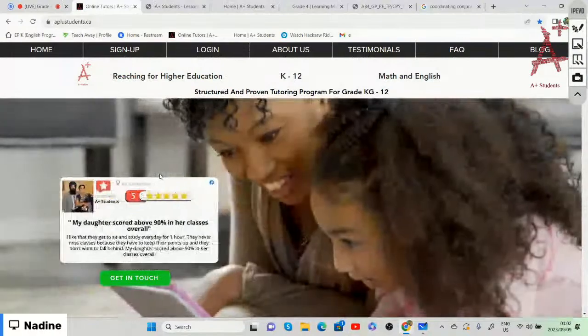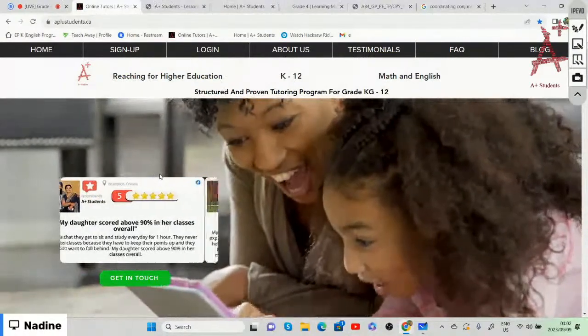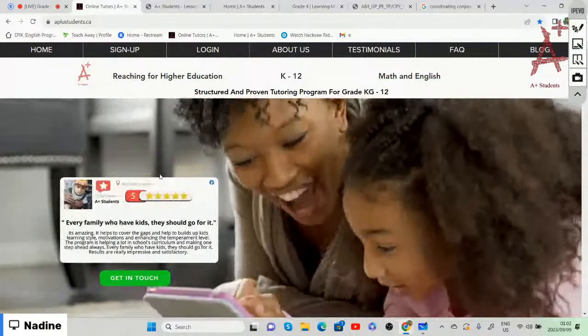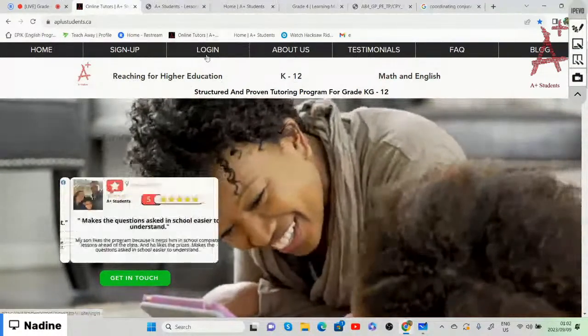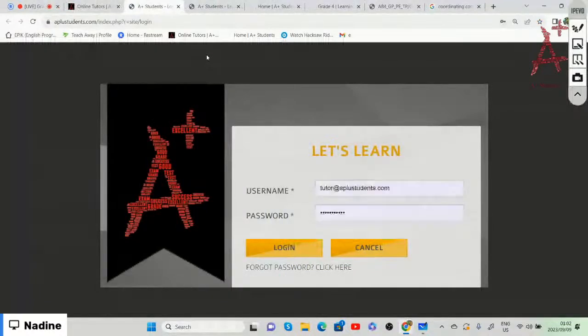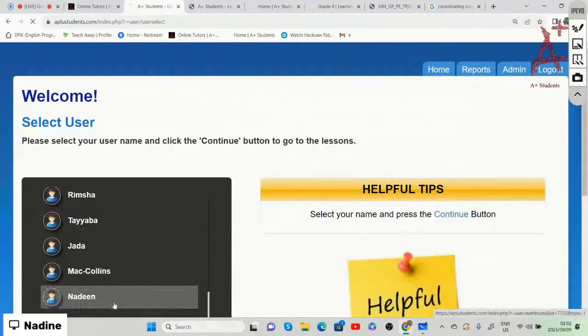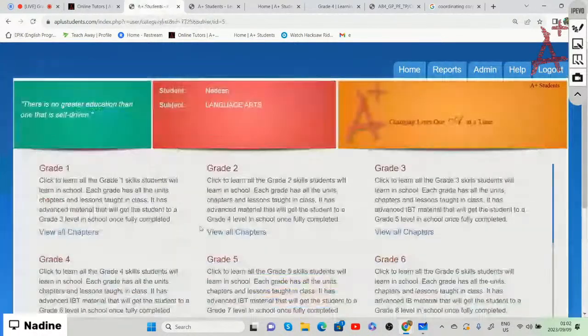Before we start with coordinating conjunctions, we're going to log into aplusstudents.ca. Once you've logged in with your username as well as your password, you're going to select the subject of language arts, and we go to grade 4.